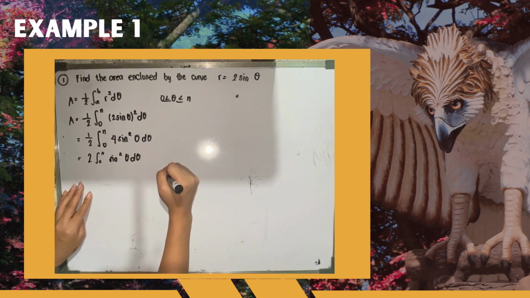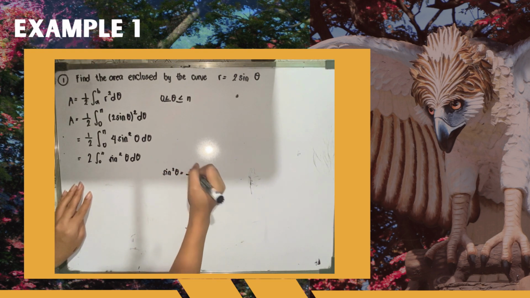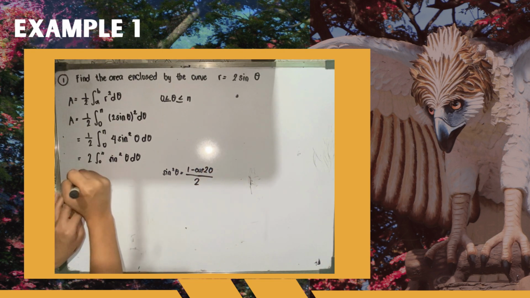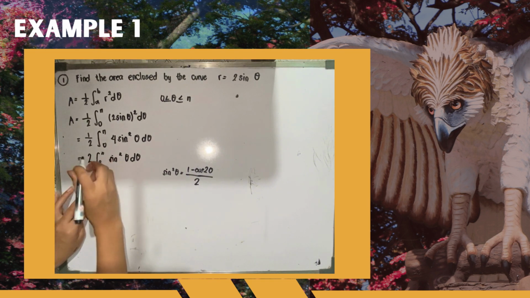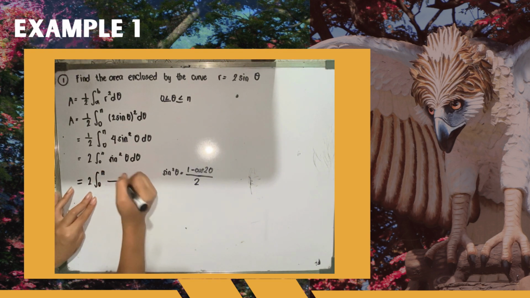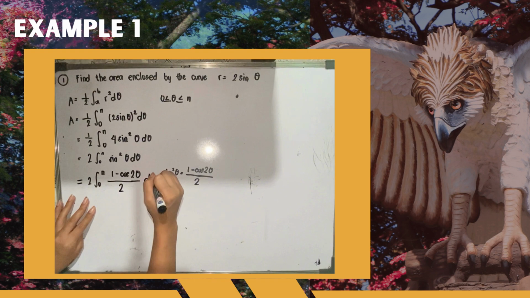For our step 3, we have to use the trigonometric identity, as you remember, sine squared theta is equal to 1 minus cosine 2 theta all over 2. So now we have to substitute the identity. It will become 2 integral from 0 to pi of (1 minus cosine 2 theta) all over 2 d theta.